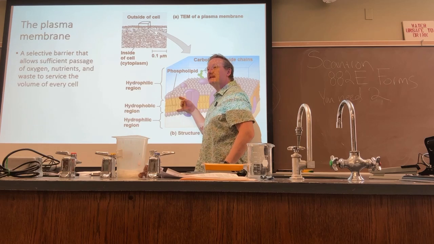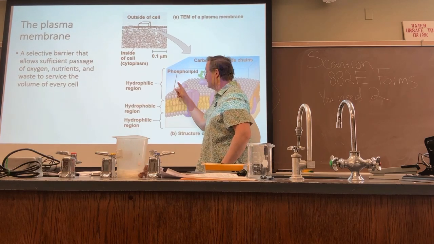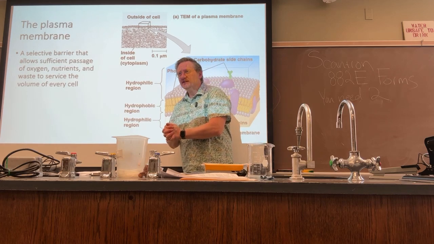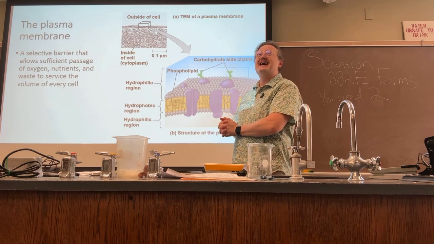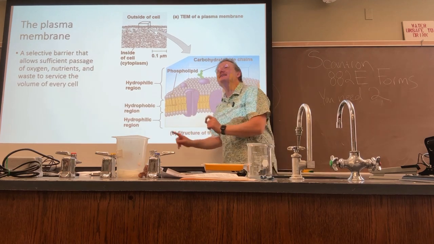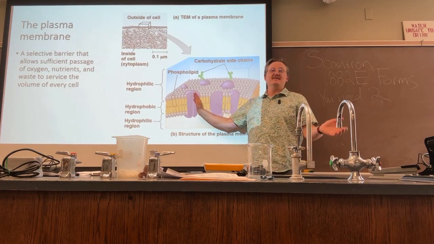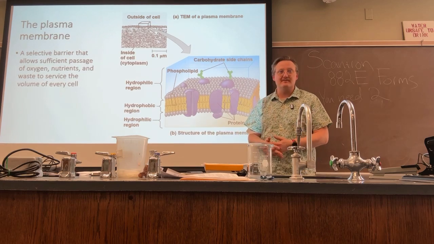This hydrophobic region is the barrier that prevents totally free movement across the plasma membrane. So molecules that are highly hydrophilic, like ions, won't really cross unless there's, say, an ion channel that specifically allows ions to cross the membrane.